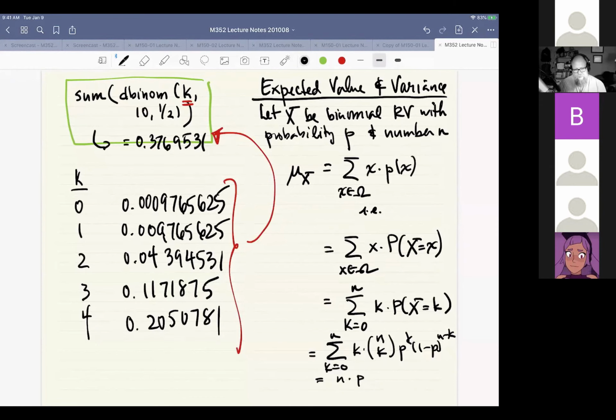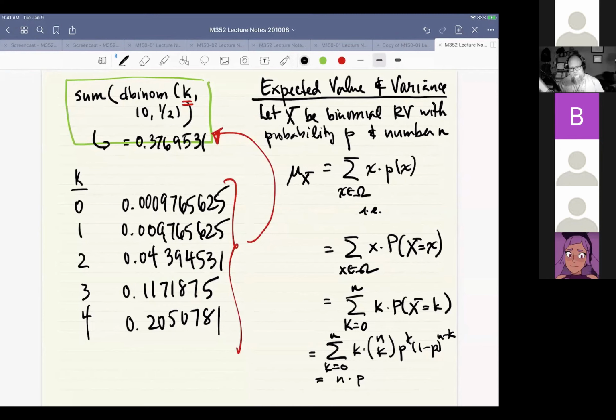So what does this tell us? Suppose I flip a coin 10 times and it's a fair coin. How many out of those 10 times do I expect to see a heads, right? That's a question about an expected value. What do I expect a binomial random variable of N trials with a probability of success 1/2 to be?